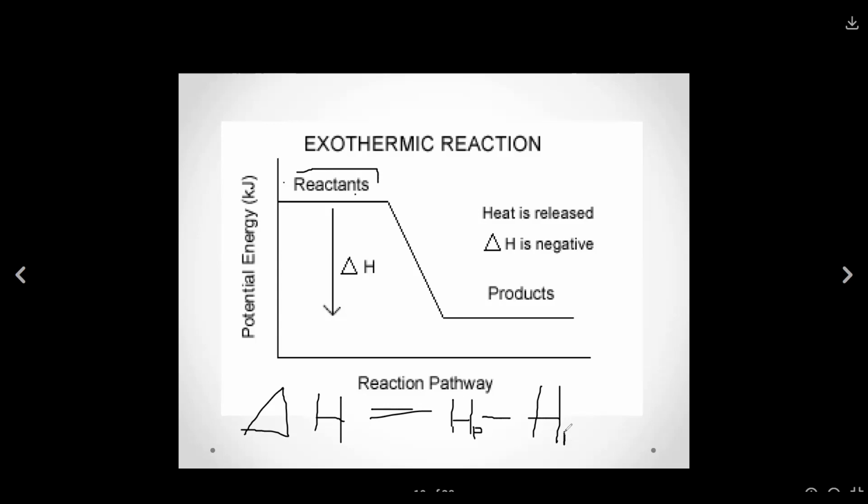So we have our reactant here, R. That is the exothermic reaction. In this case, the heat energy produced as a result of the reaction of the product is less than that of the reactant. So that is why after you calculate, you will see that your delta H gives you negative.